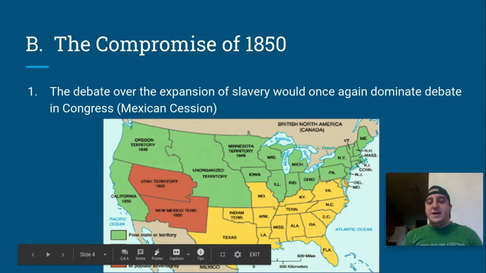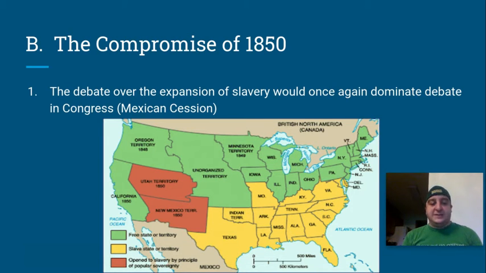Now the United States needs to decide what can be slave, what can be free, what states are going to come in as slave states and what states as free states. At the end of the day, they have to figure out how to hold on to that balance between free states and slave states in the House and in the Senate.